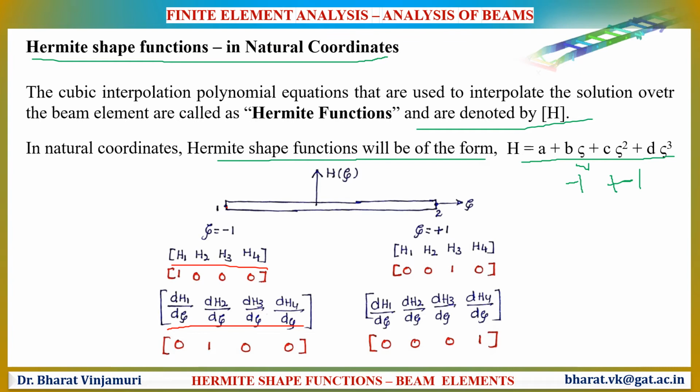Similarly, at node 2 we will have the terms H1, H2, H3 and H4 that represent the transverse displacements, and their first derivatives represent the slope at node 2. Using this as boundary conditions, we will now derive the Hermite shape functions in terms of natural coordinates.